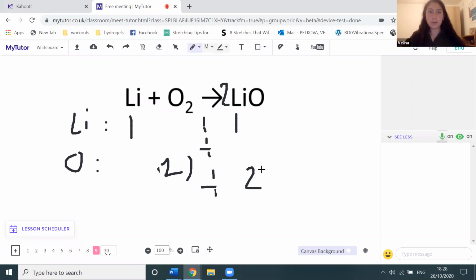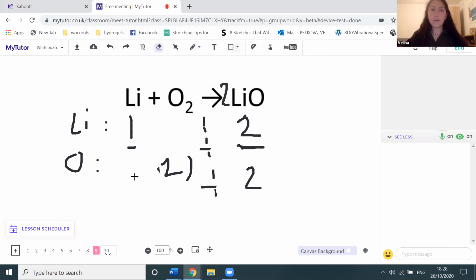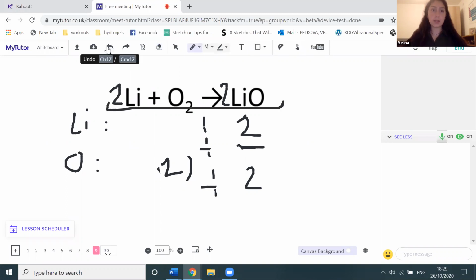So now the oxygen is happy. However, if we look at how many lithiums we have on our right hand side now, we see that it's gone up to 2. And now, is 1 balanced with 2? No, it's not. Okay, so we need to now fix the left hand side. How can we get to 2 lithiums? We just put a 2 in front of the Li, and it is happy. So this is a balanced equation.